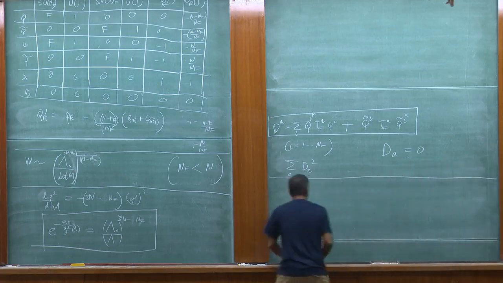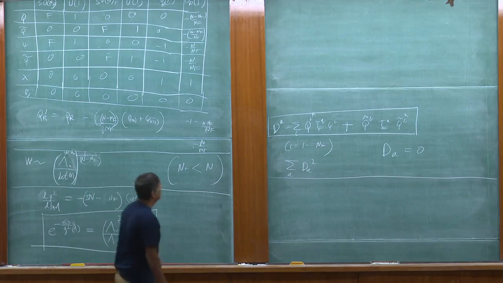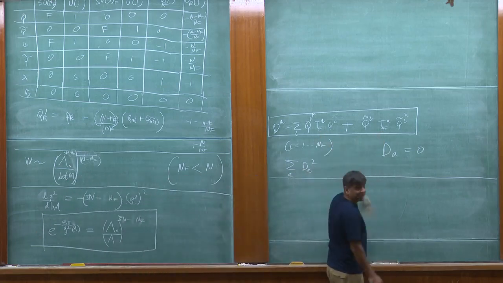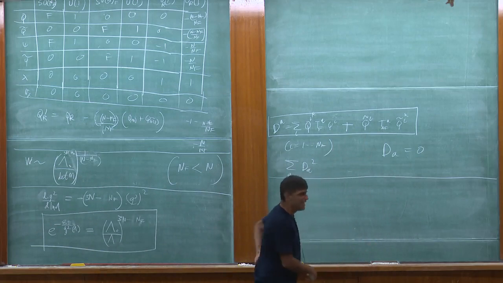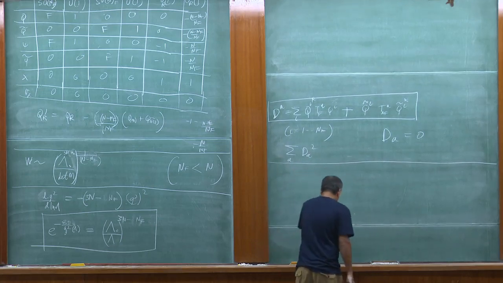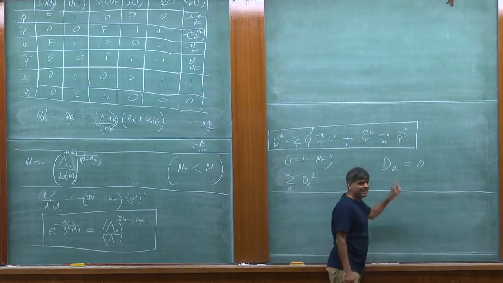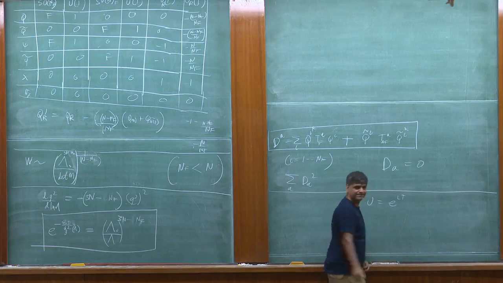Okay, now the first thing that we need to do is to understand what the relationship is between this TA anti-fundamental and TA fundamental. Okay, so perhaps the simplest way of saying it is, we're writing U is equal to e to the power iT.